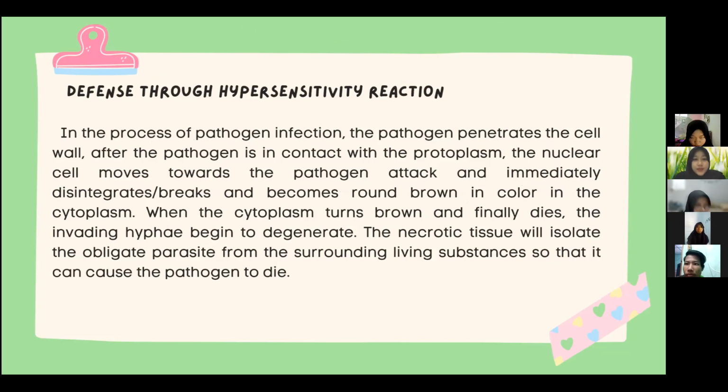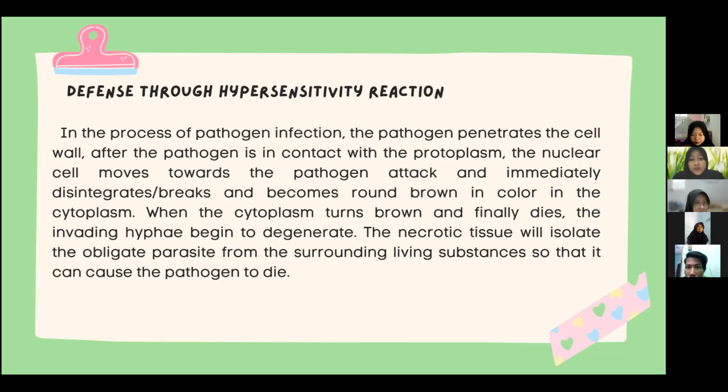Defense through hypersensitive reaction. In the process of pathogen infection, the pathogen penetrates the cell wall, after which the pathogen is in contact with the protoplasm. The nuclear cell moves towards the pathogen attack and immediately disintegrates or breaks and becomes round, brown in color in the cytoplasm.